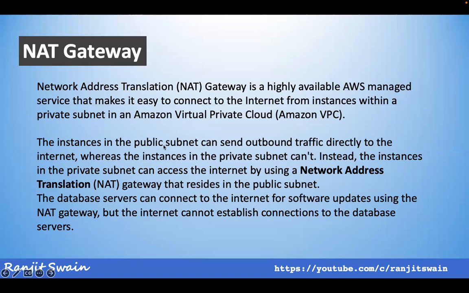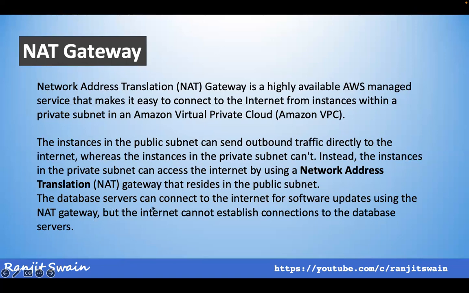The instances in the public subnet can send outbound traffic directly because they have internet access, but the private subnet cannot do that. So instead, the instances in the private subnet can access the internet by using the NAT gateway that I was telling you about, which resides in the public subnet.